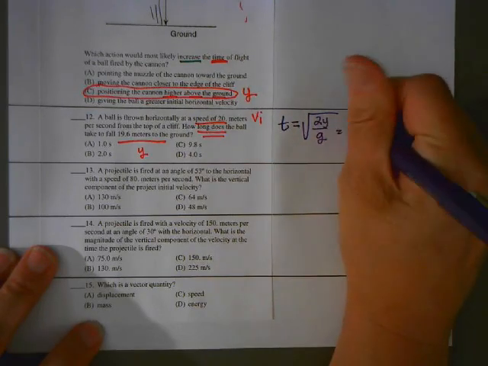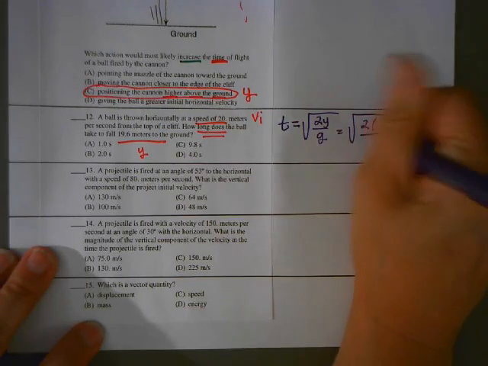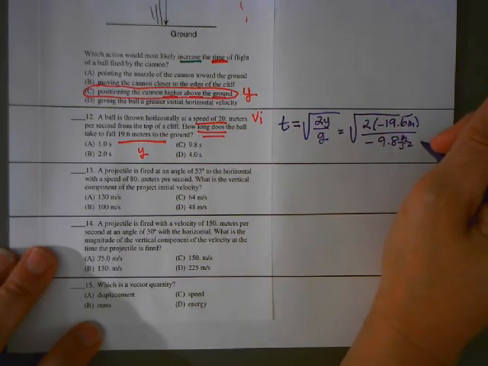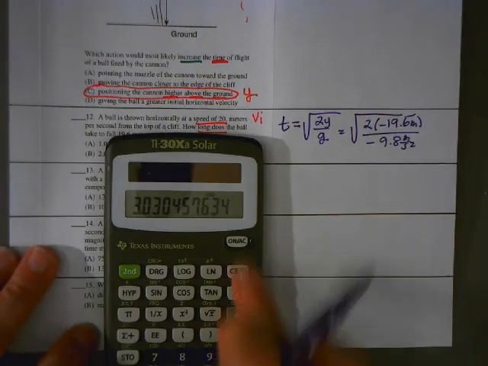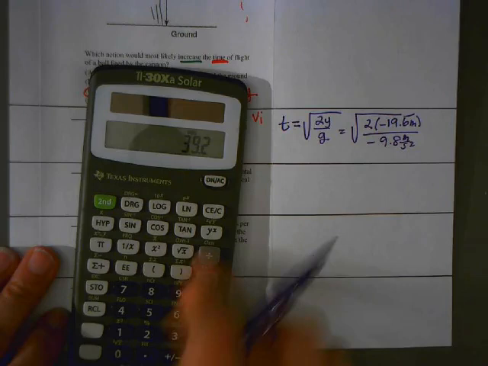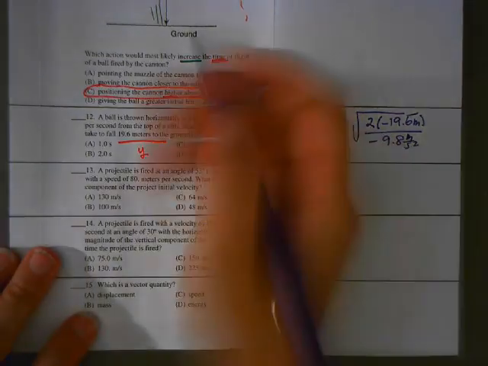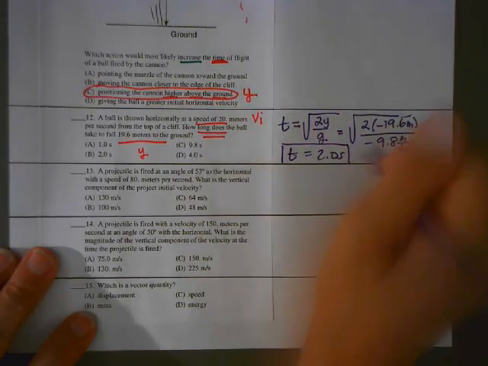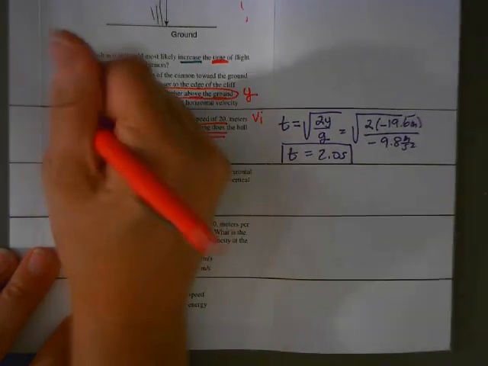So this is the square root of 2 times negative 19.6 divided by negative 9.8 meters per second squared. When you do this on the calculator, 19.6 times 2 equals, divided by 9.8 equals, square root, it comes out to 2. So we'll say T is equal to 2 seconds, and I will circle that here, B.